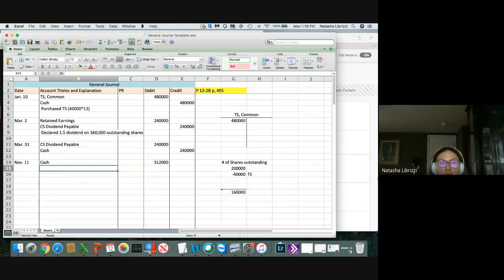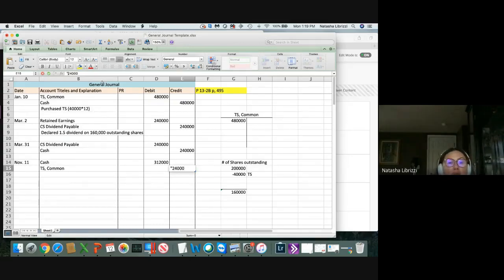We always book treasury stock that we sold at the price we originally bought them at. So we're going to take treasury stock common, right? And we're going to decrease that amount, 24,000 shares at the original price we purchased, $12.